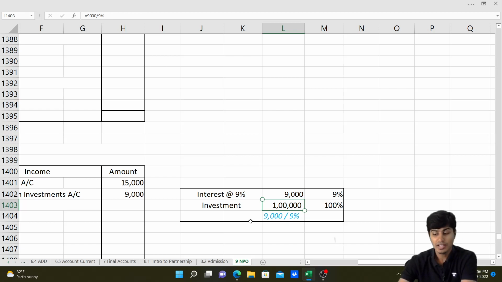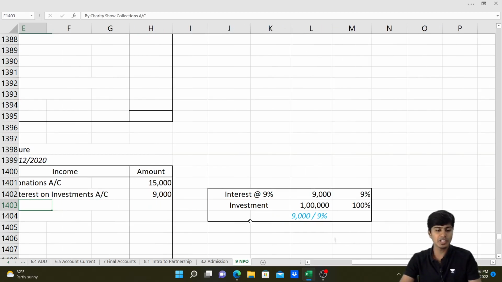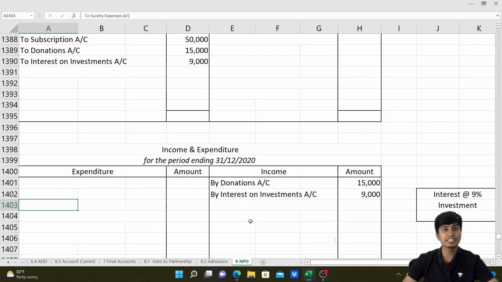Have they told money received on sale of investments? They have not told. Because they have not told money received on sale of investments, it means that the investments are not sold.